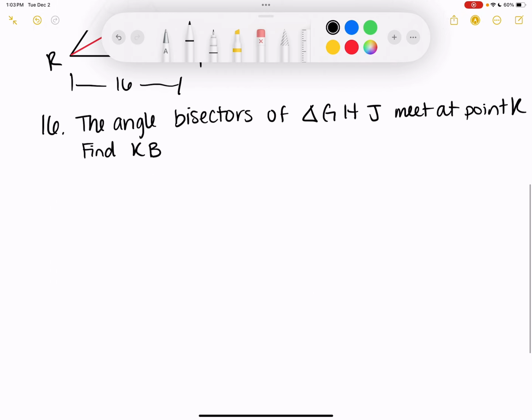So this one is going to be a little bit more like the problem that we skipped at the end of the PowerPoint. So this one will be a little bit more involved. You won't be able to just figure out what the answer is by looking at it.